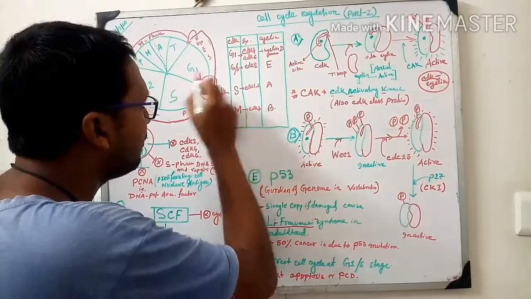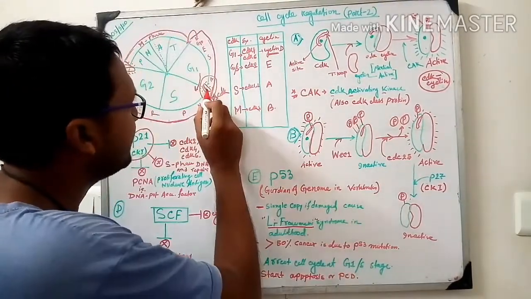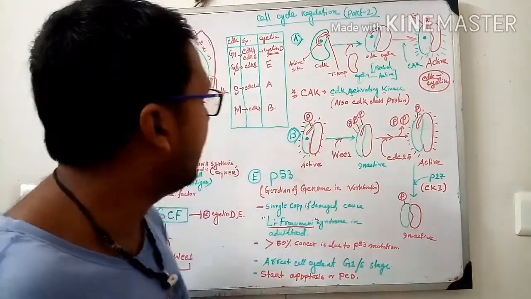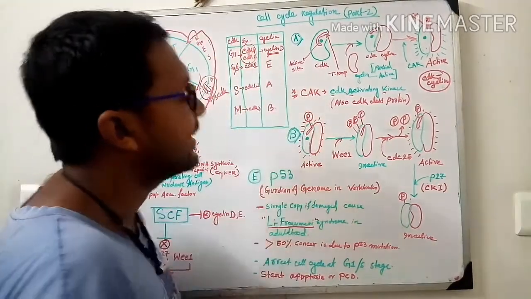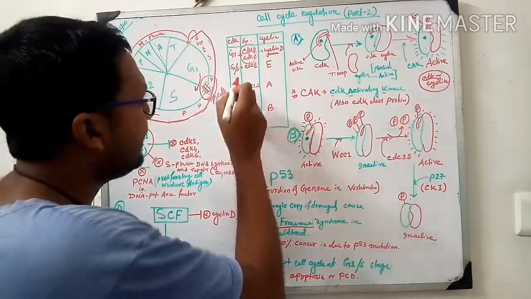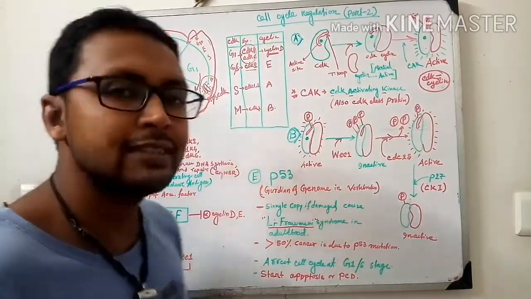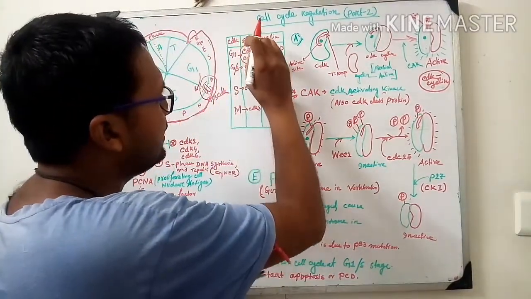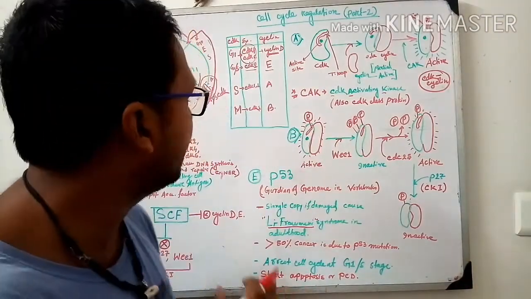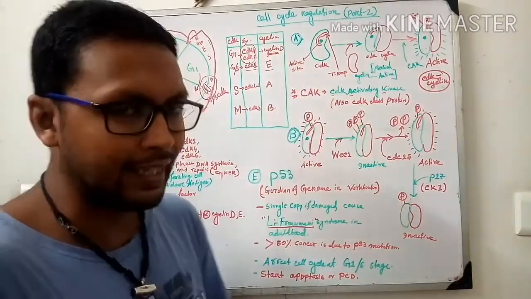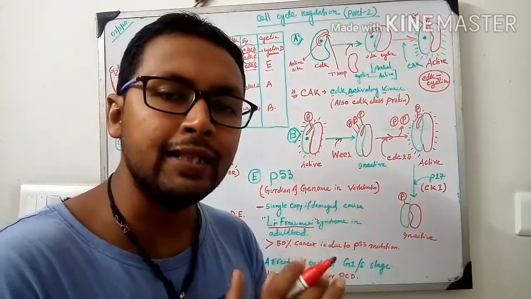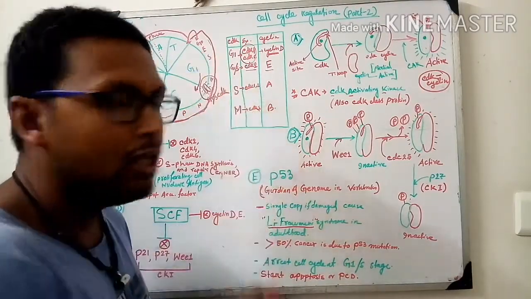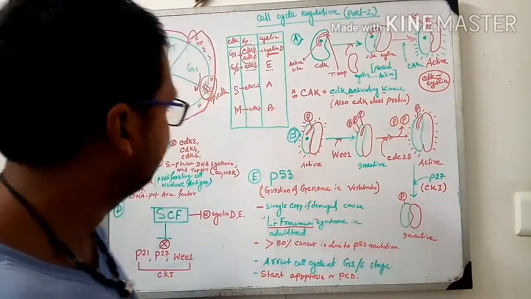This is the major checkpoint of the cell cycle, and it is crossed by CDK4, CDK6 and cyclin D, and another CDK present at the G1/S checkpoint, CDK2 with cyclin E. So these three CDKs, CDK4, CDK6, CDK2, and two cyclins, cyclin D and cyclin E, play a vital role during the initial stage of the cell cycle, when the cell passes from G1 to S.